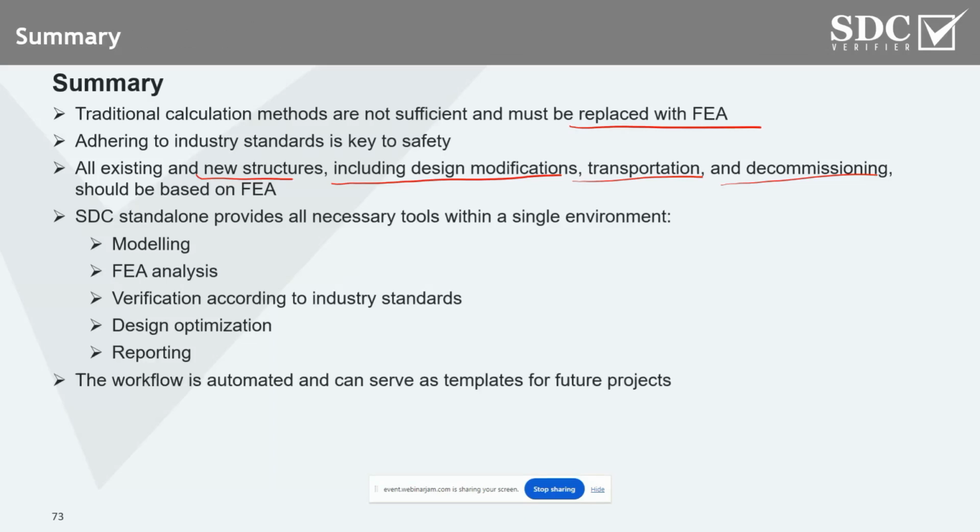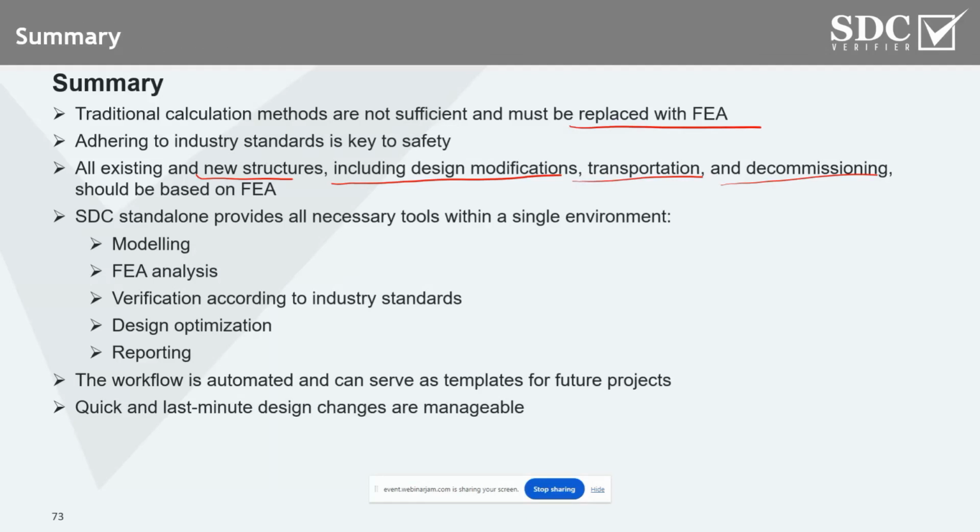And the huge advantage is that the workflow is automated, so it can serve as template for future projects. If you have several cranes, several straddle carriers, spreaders, whatever, and you already conducted a certain calculation and you made a setup, you can of course reuse it further, saving time in the future.